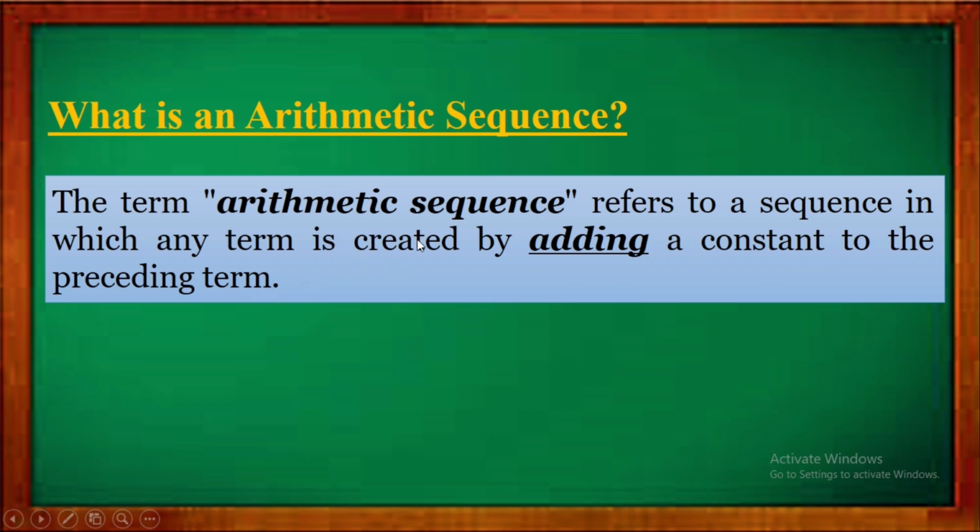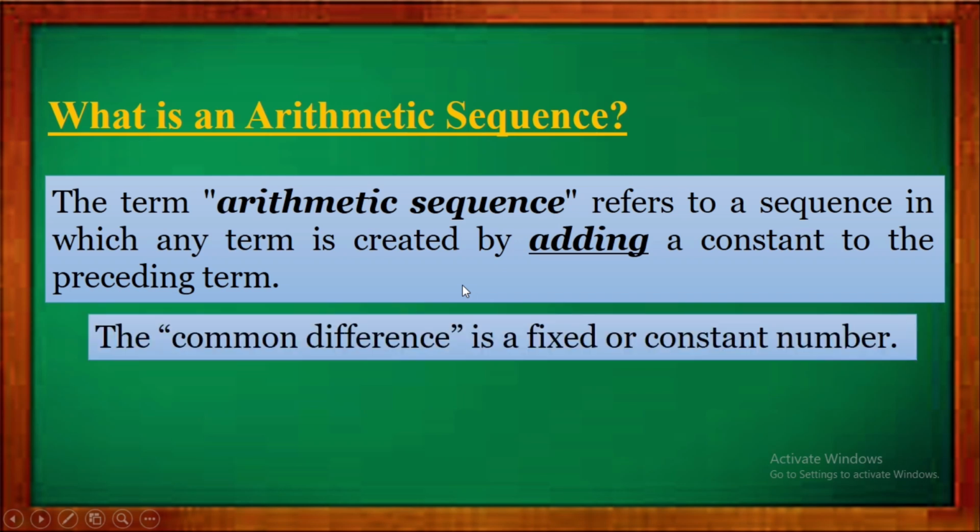And one important thing that you have to remember in dealing with arithmetic sequence is that the most common operations that we usually apply in this type of sequence are addition and subtraction. And take note that the fixed or constant number that is being added is called the common difference.